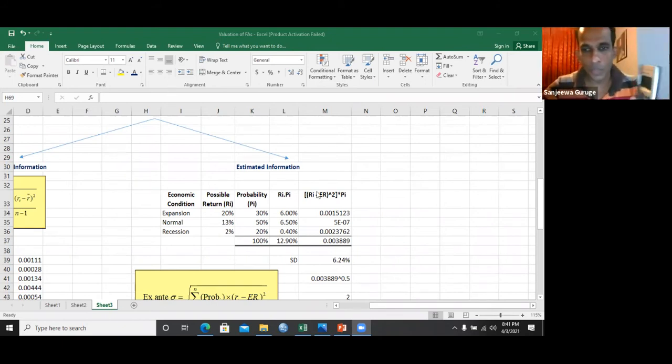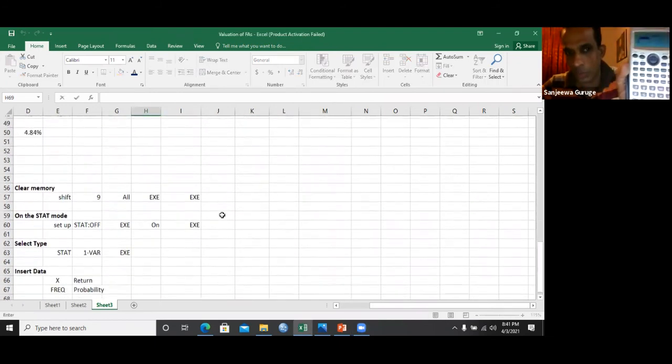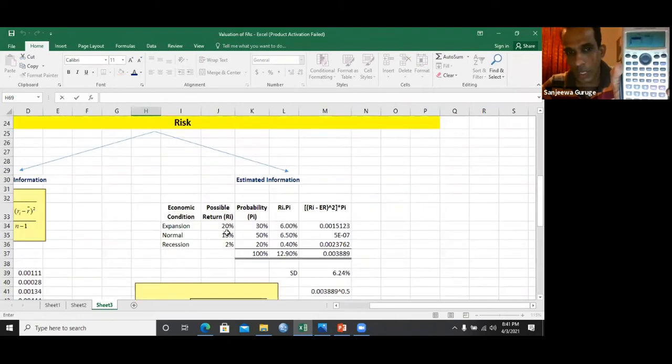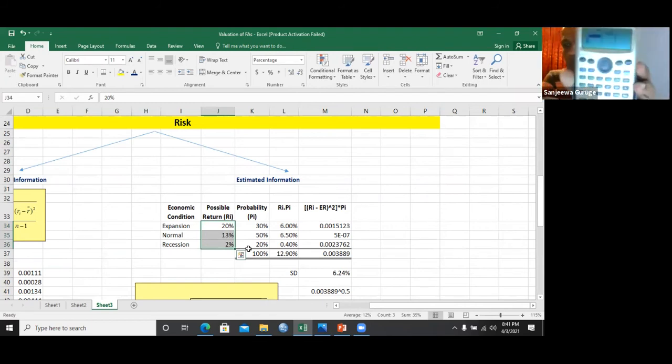Okay, so there is the example that I already used. We can do it using this financial calculator. X means the return. Now return data. I have put here 20%, 13%, 2%. So you can put these values: 20 exe, 13 exe, and 2 exe.